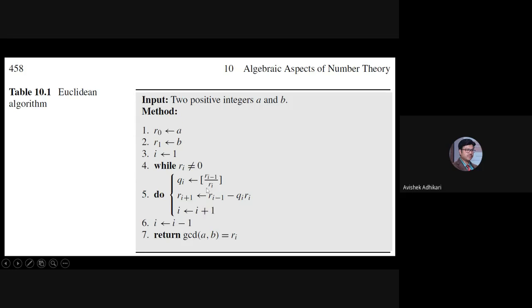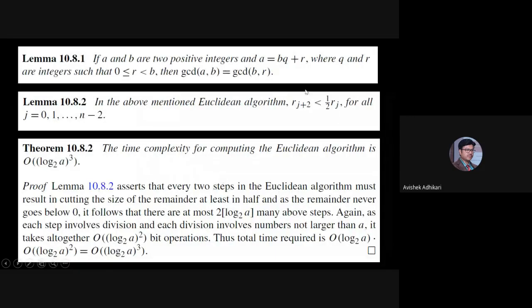That's why it will eventually go to 0, no doubt about that. But the point is how fast it goes. If it takes exponential time, then it will be considered a bad algorithm. This result gives you the idea of how fast it converges.